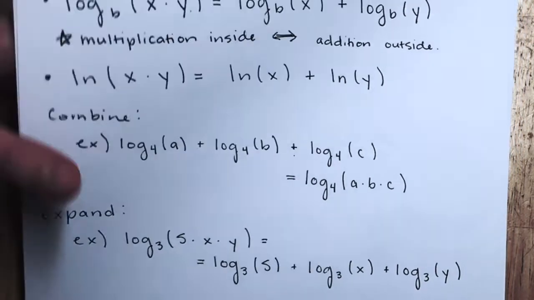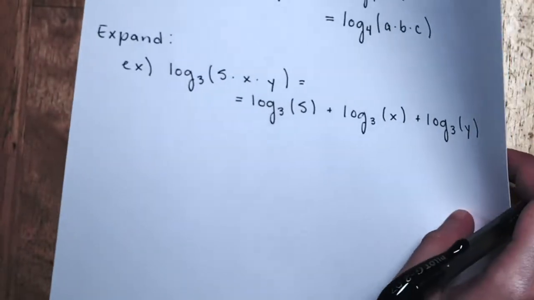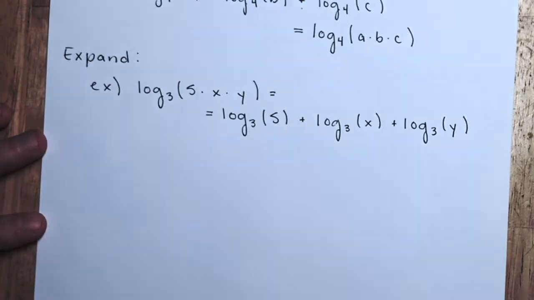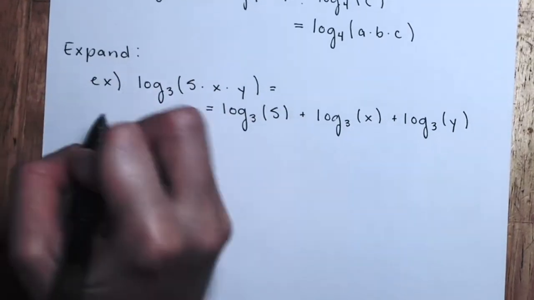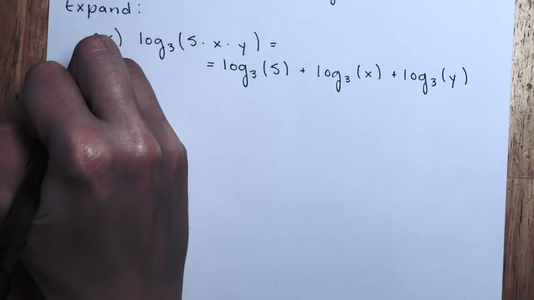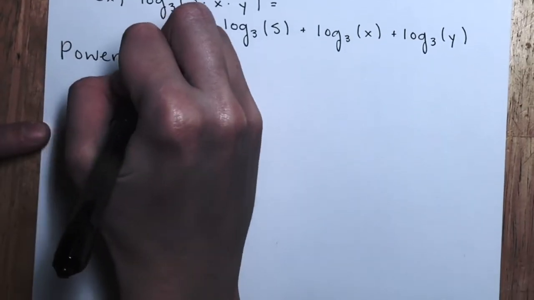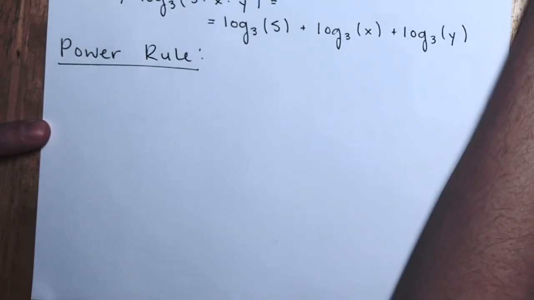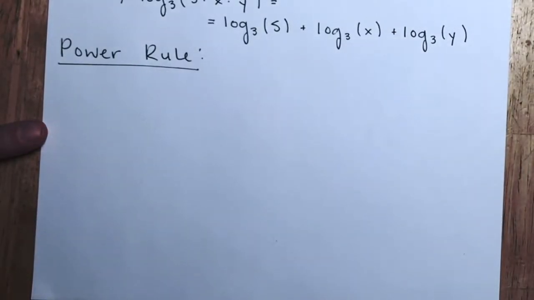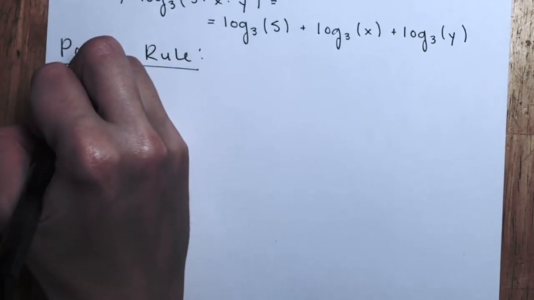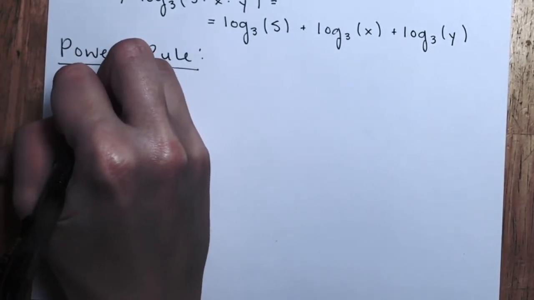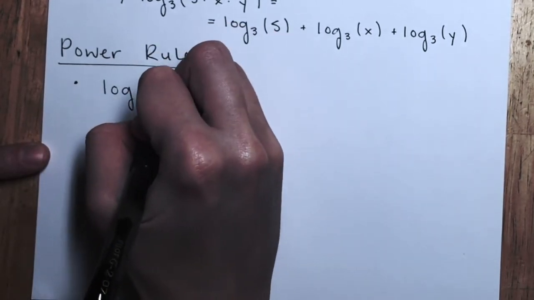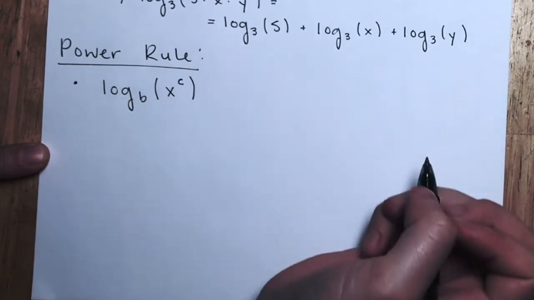Okay, let me scoot up here. So, power rule. Power rule tells us that if we have log base b of x to some power, right?